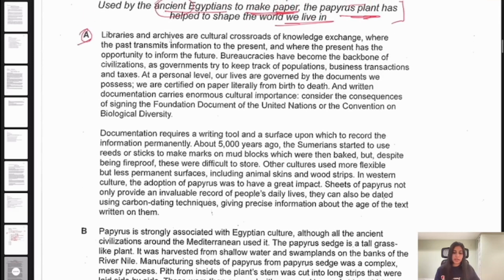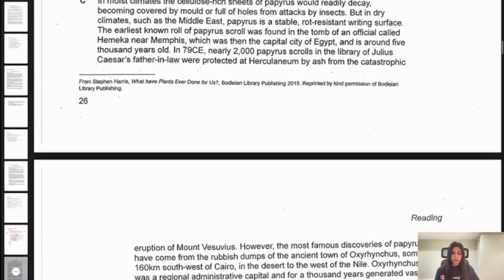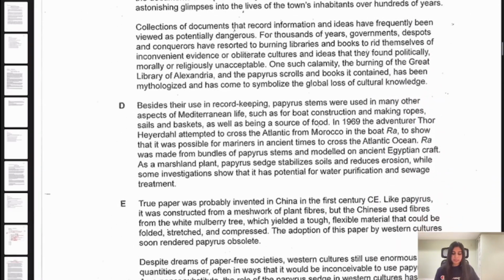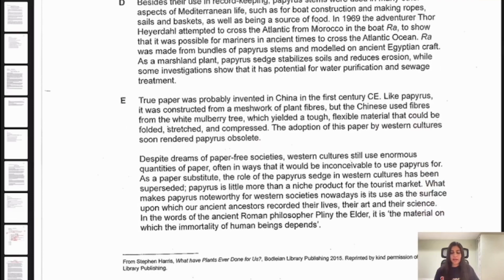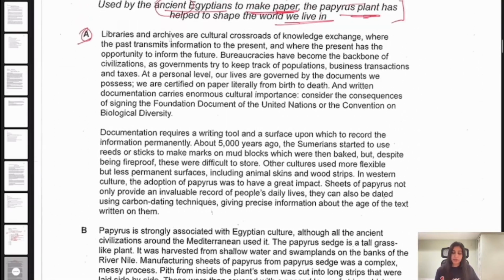Now in this particular passage, if I talk about A, it has two paragraphs. B has one, C has two paragraphs again, and D has one, E has two. So it's kind of lengthy. So what I'll tell you is, for the first paragraph, you read the entire thing. For A, you read more or less the entire thing to get an idea, and don't get fixated on one sentence or one word.